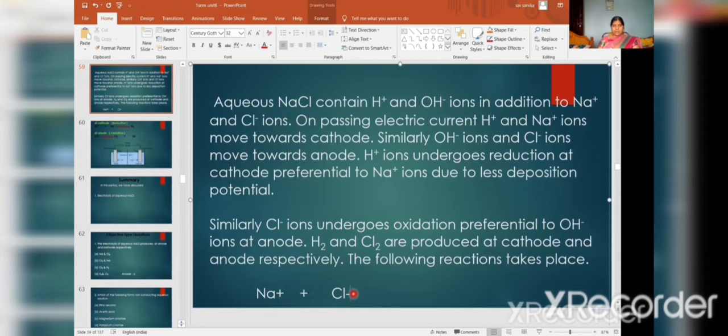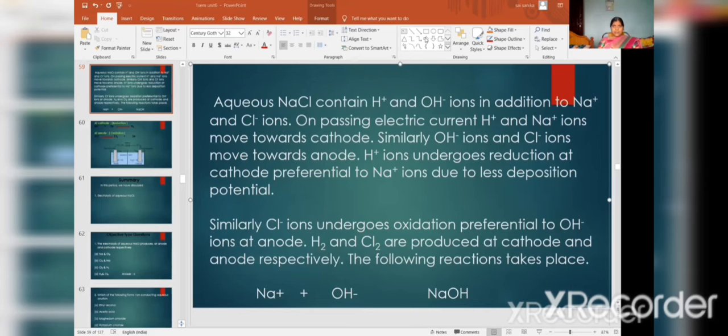The Na plus and OH minus ions form a byproduct called NaOH. Okay, this is the product formed in the electrolytic cell. So in this electrolytic cell, you will get this product.